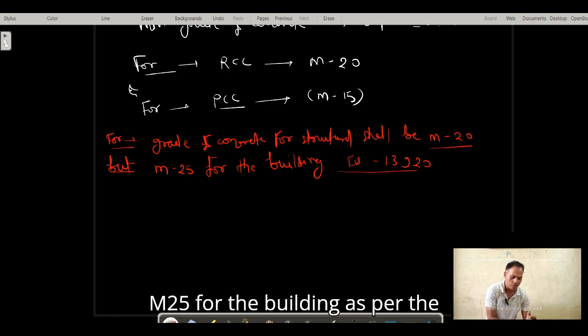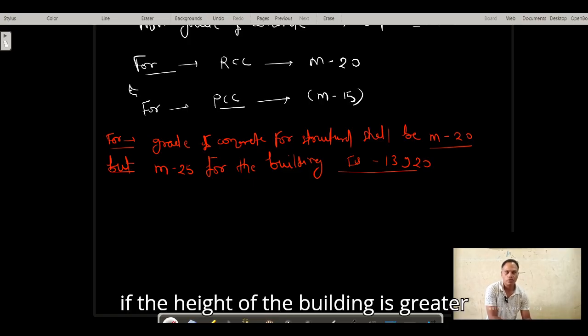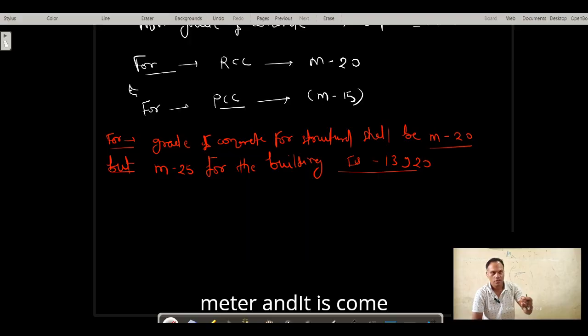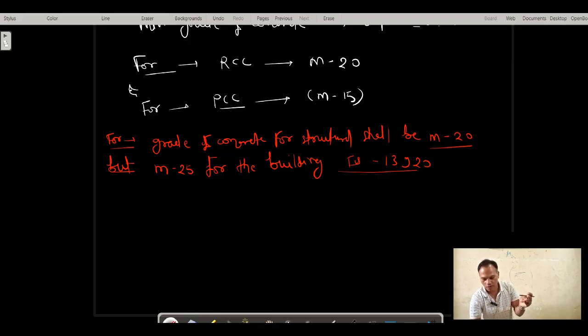M25 for the building, if the height of the building is greater than 15 meter, and it comes into seismic zone 3, 4 and 5. So there is a condition.